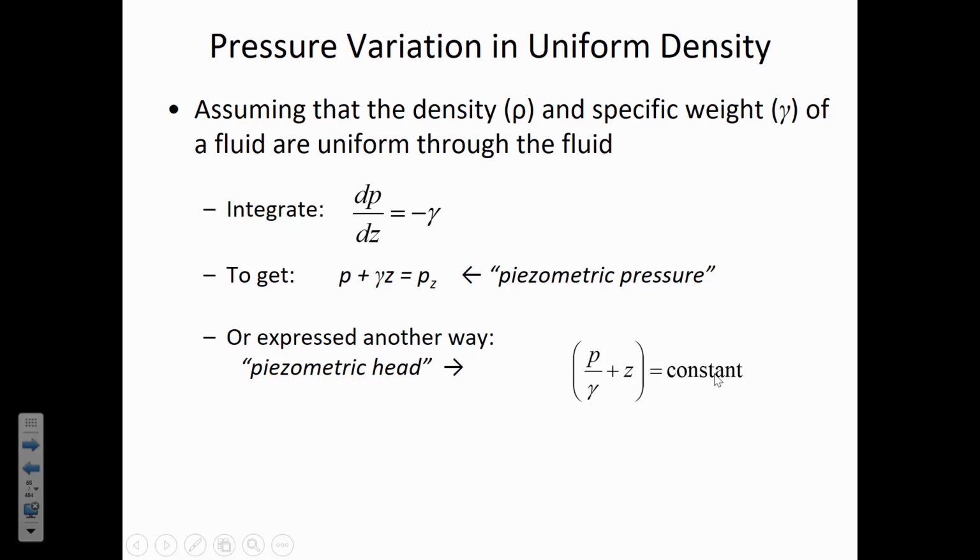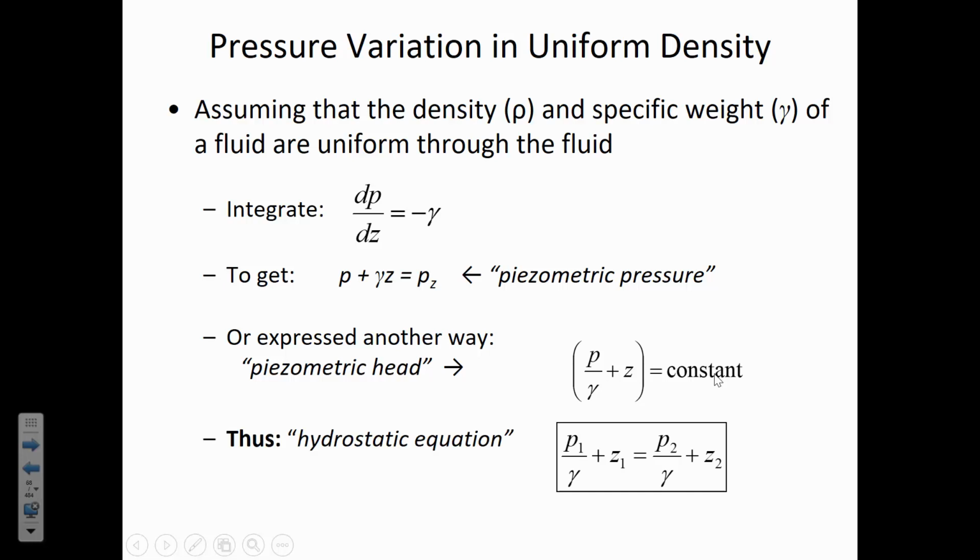But those two things are interchangeable. Like at 1, it's higher, so it'll have more elevation but less pressure. And then when you're moving between 1 and 2, the pressure increased but the elevation decreased.